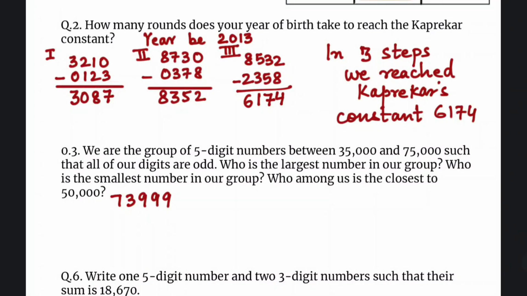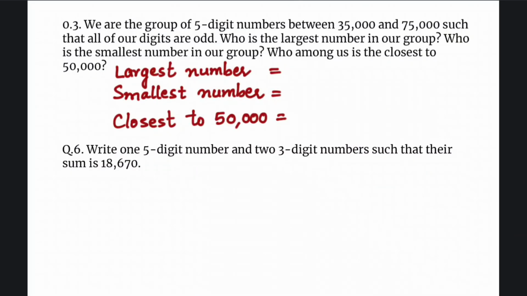And the smallest number is, all are odd numbers, so it is 35,111, the smallest odd number nearest after 35,000.